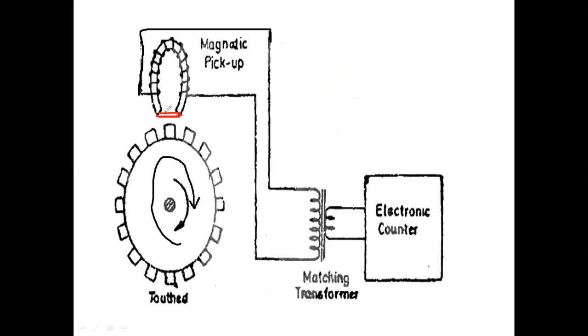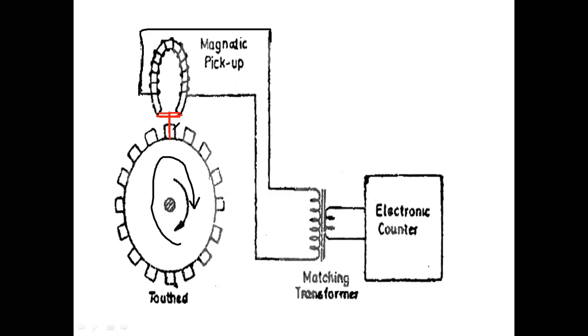Now, for example, if due to rotation of this rotor, a tooth of the rotor comes to this place, what will happen? The conductor is cutting the flux, so we will get EMF.